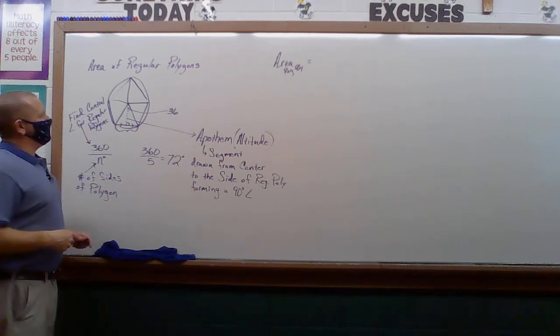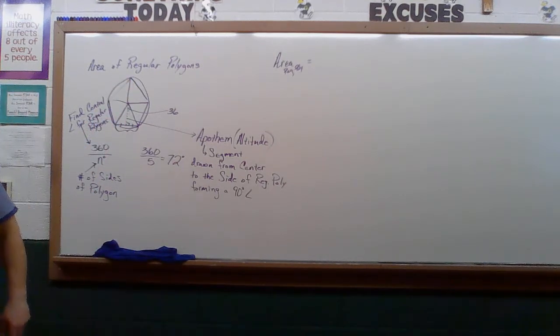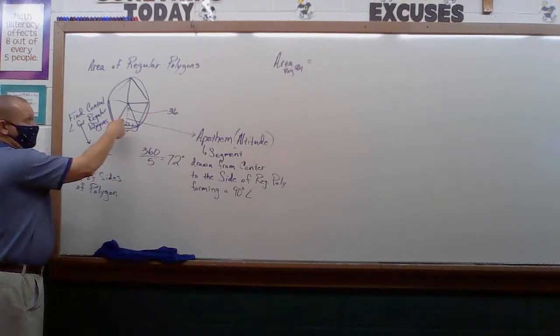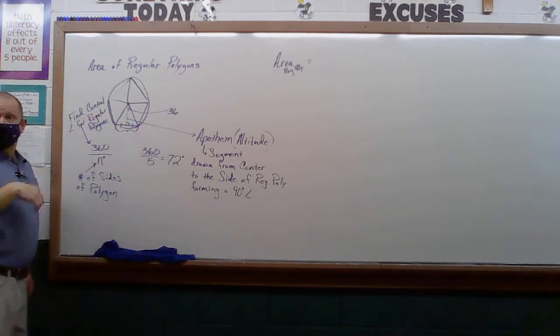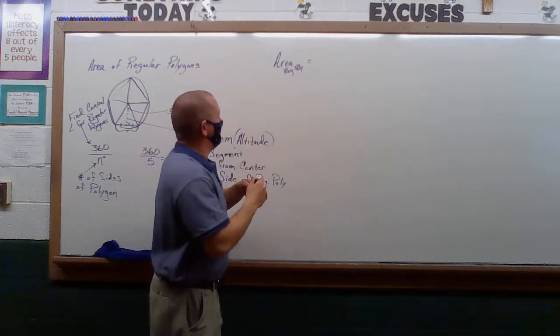So realistically, if I wanted to find the area of this whole thing, what could I do? Times however many triangles there were, right? Okay, so that's one way that I could do this.